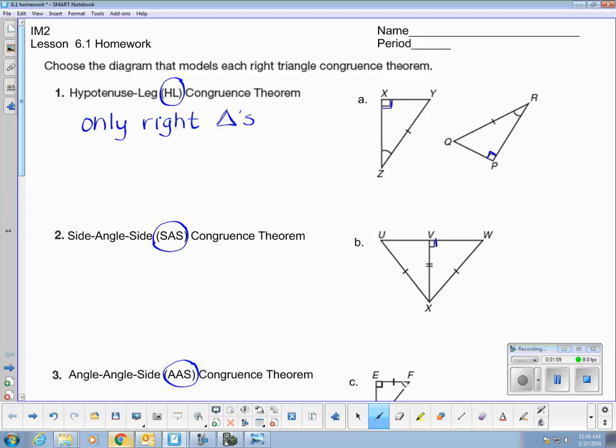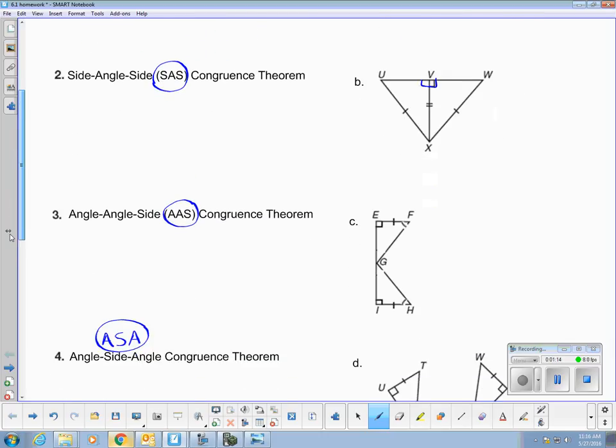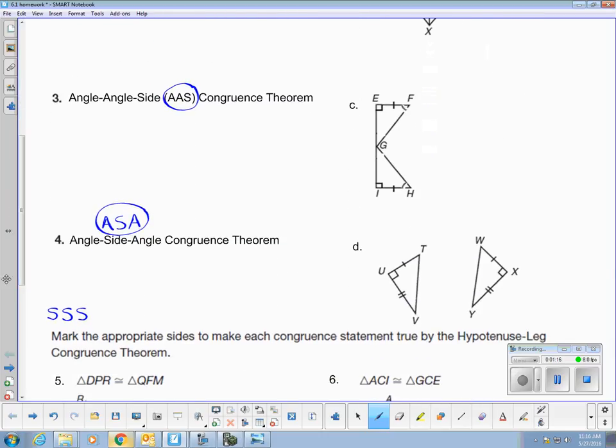I notice in B we also have right triangles. And C and D also have right triangles. So any of these possibly could be congruent by hypotenuse leg.